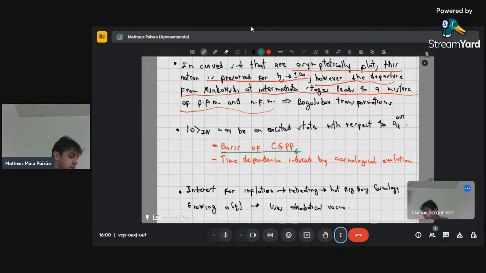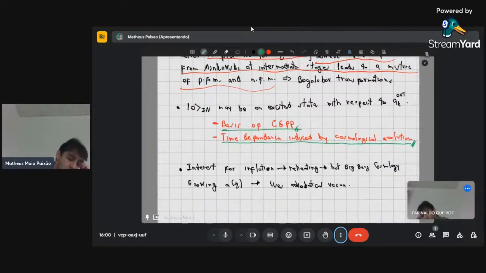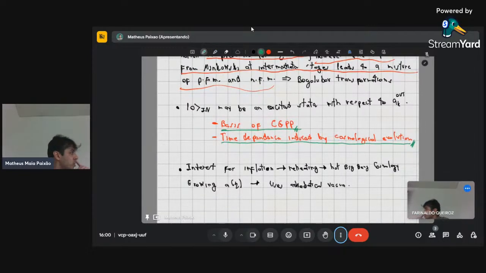And the key point is that the time dependence induced by cosmological evolution, just the expansion of the universe, is going to make this cosmological particle production occur. I think that's very elegant formally.